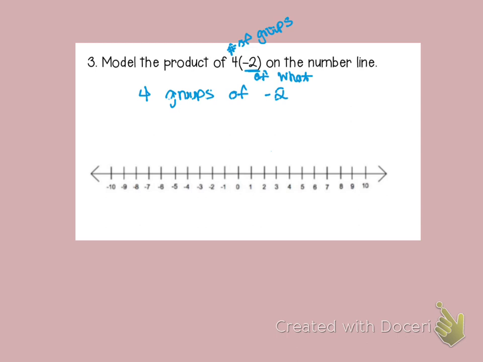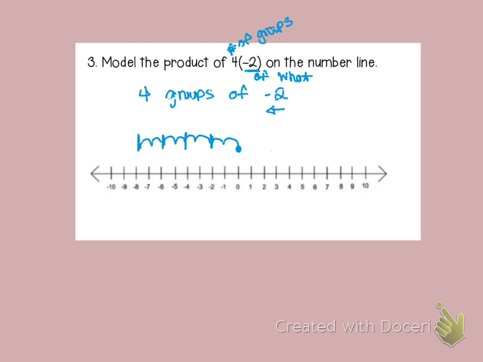When we start on the number line, we always start at 0 right here. We just said we have 4 groups of -2. -2 is moving in the left direction, right? So we would take one group of -2, that would be 1. Then we have another group of -2, that's 2 groups. Another group, that's 3 groups. And then one more group, that's 4 groups.